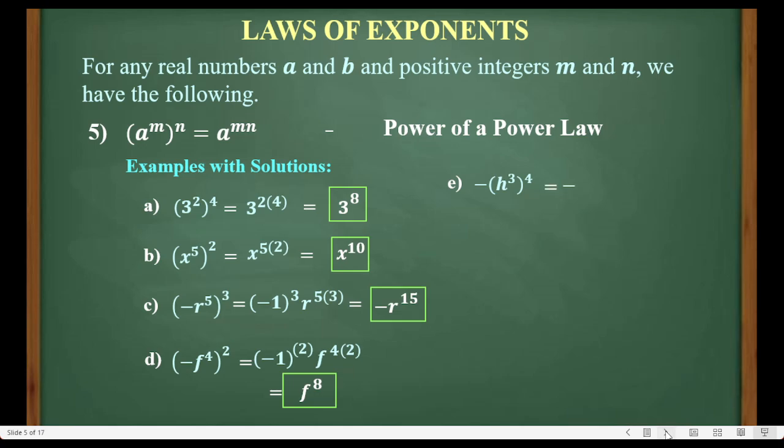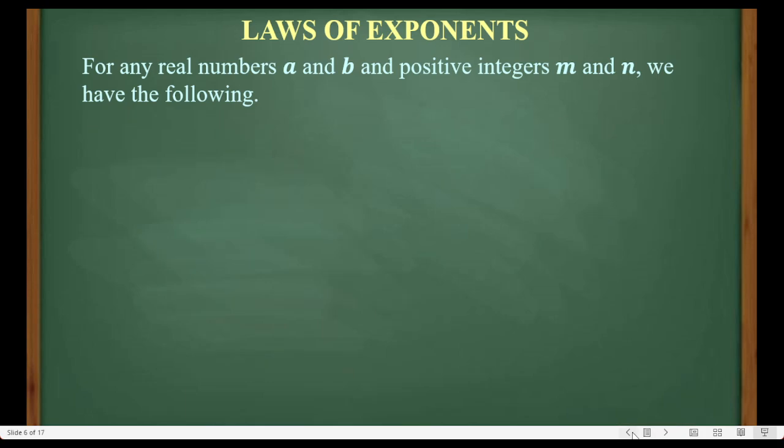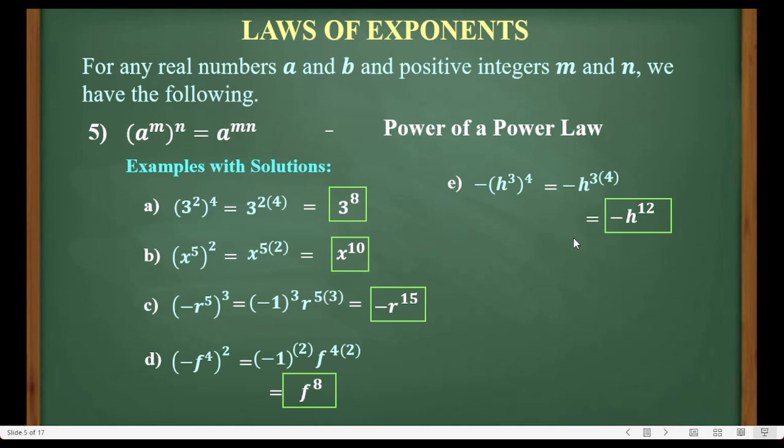So negative, then h raised to the product of 3 and 4. So that is h raised to 3 times 4. And the answer is again a negative result, negative h raised to the 12, which is our answer. Next. I think this is the last item under this particular law. If you don't have any question, I think we shall now proceed to the next slide, or the next law of exponent.